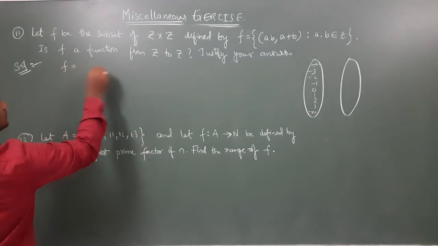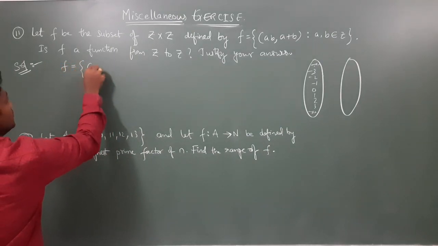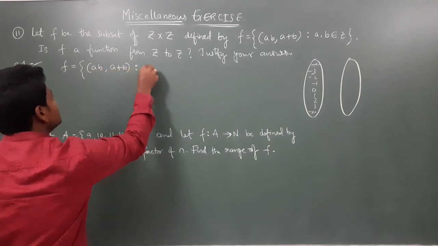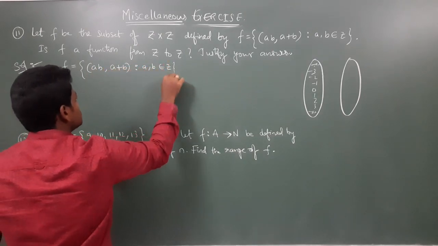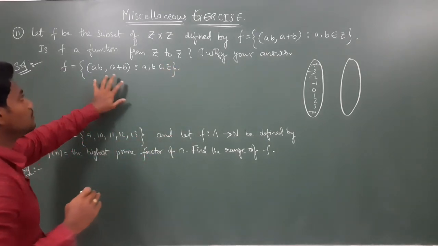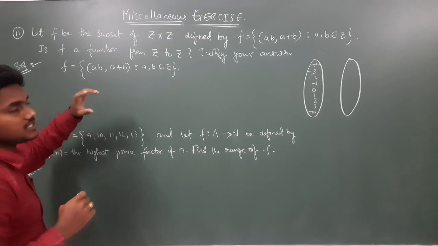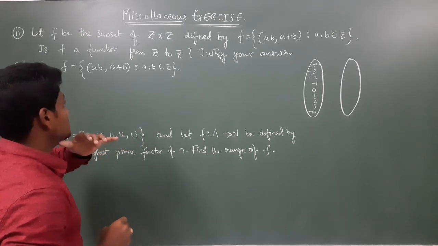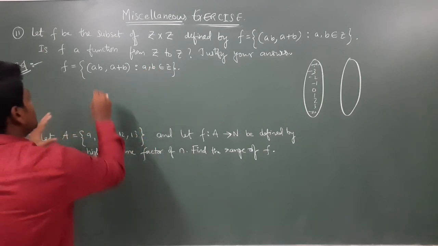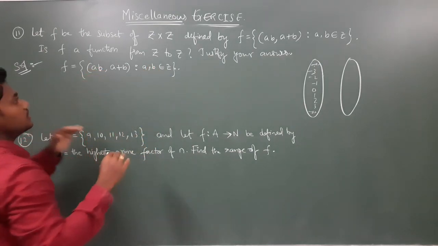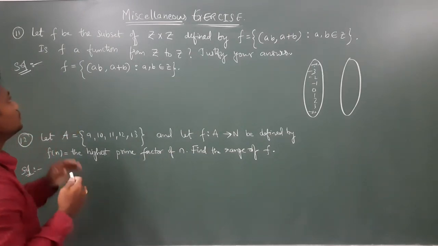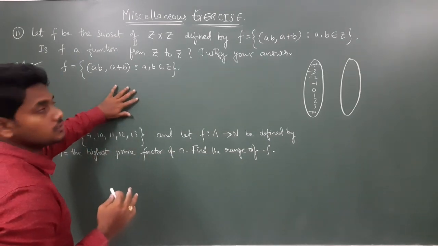The relation f is (ab, a plus b) such that a, b belong to Z. So here we need to analyze which type of numbers to take to check whether it is a function. You need to focus on this, and do it in a very quick manner, because in an examination we need to go on to the next question, so we should not waste more time.